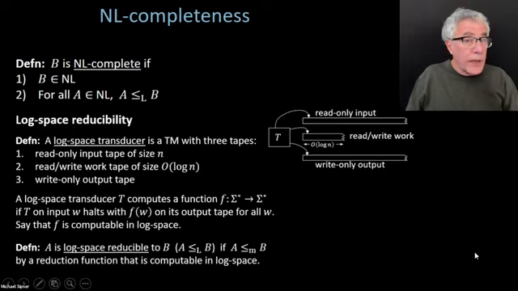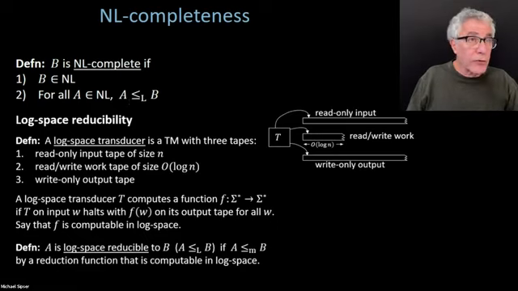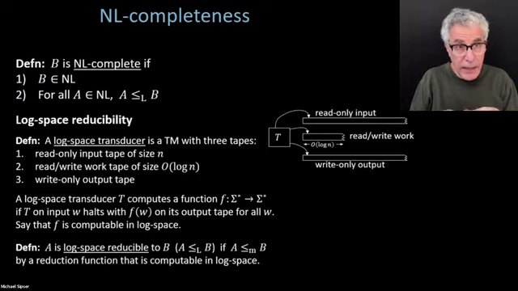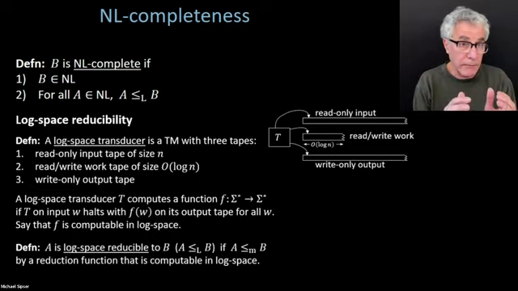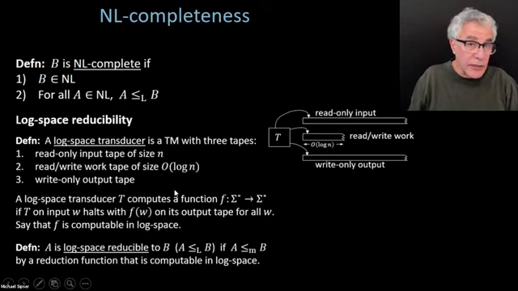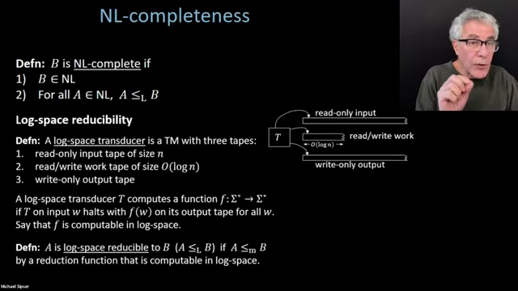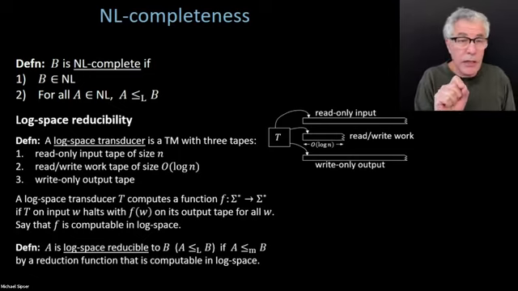Just quickly, I got a question: why log space here? Because polynomial time would be too powerful for doing reductions internal to P. Every language in P is reducible to every other language in P. And so everything in NL would be reducible to everything else with a polynomial time reducibility, and that would not be an interesting notion. We have to use a weaker kind of reduction, using a weaker model.